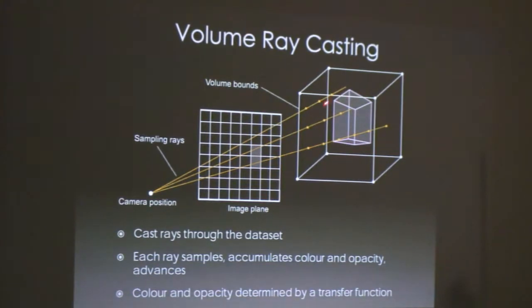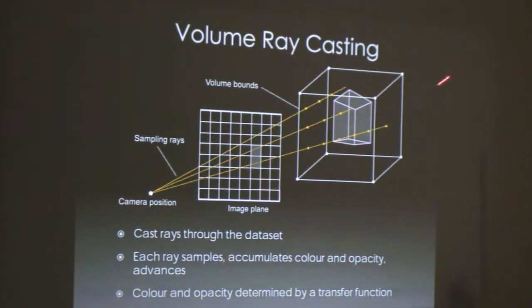So they go into the volume, and they sample inside. Now, at every sampling point, you get the interpolated density value. So you get this grayscale value, and you then turn it into color and opacity by using a mapping, which I'll demonstrate in a second.